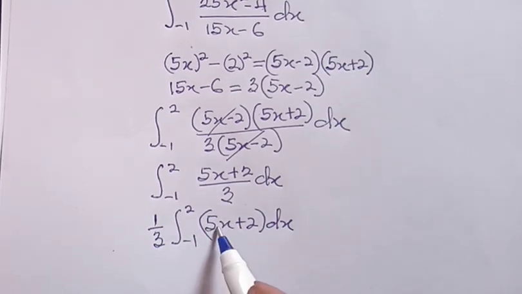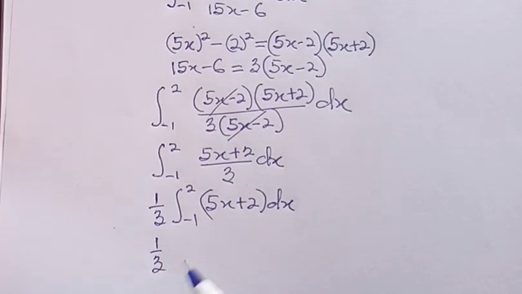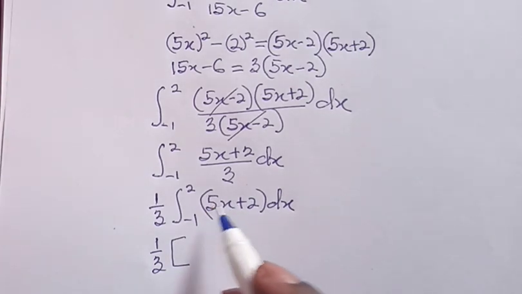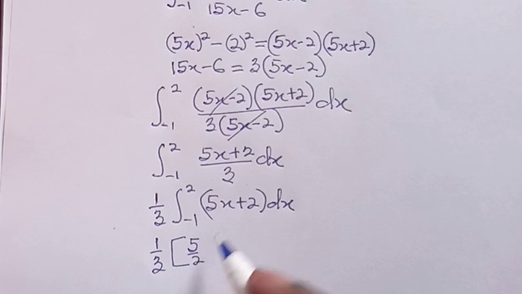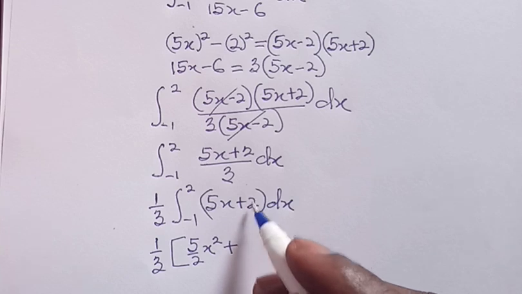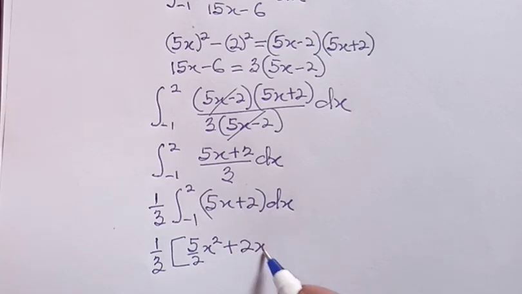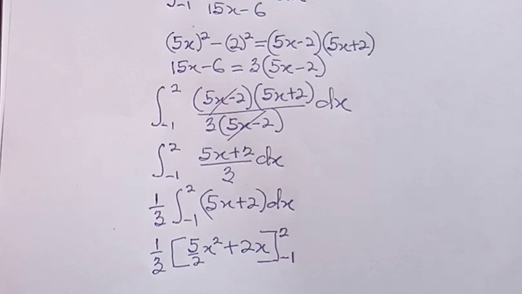If we are finding the integral of this, we get 5 on 2, x to the power 2, plus 2x. So this is the integral, and then we have our lower limit and upper limit. Once we are able to integrate this, we can substitute our limits here.